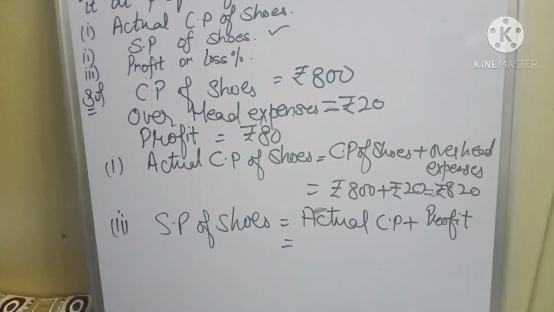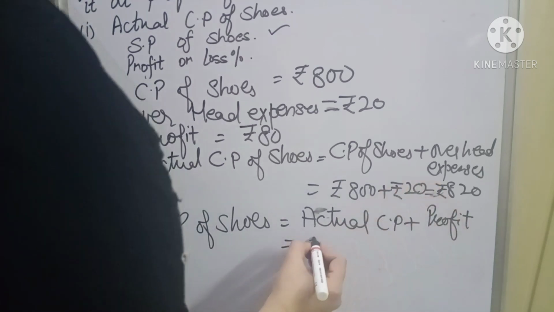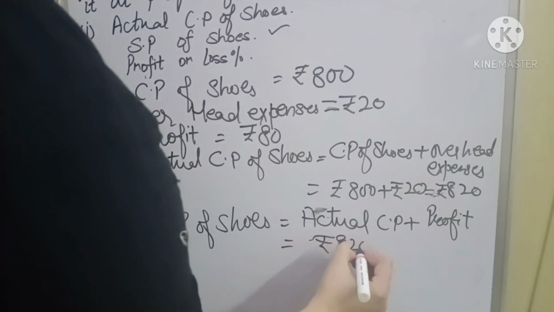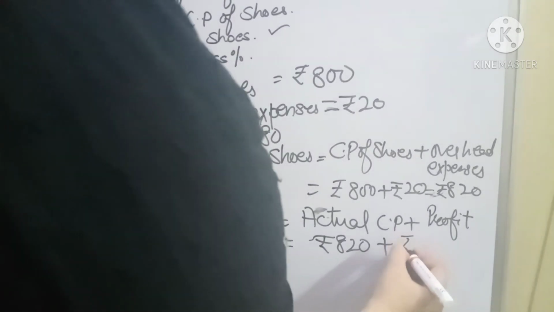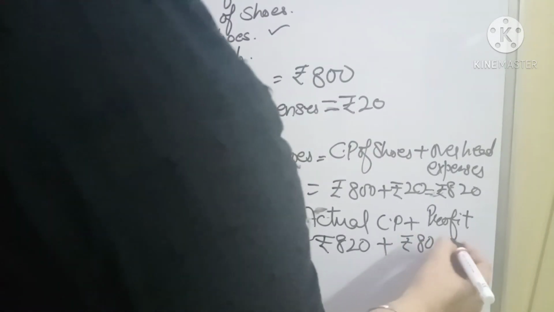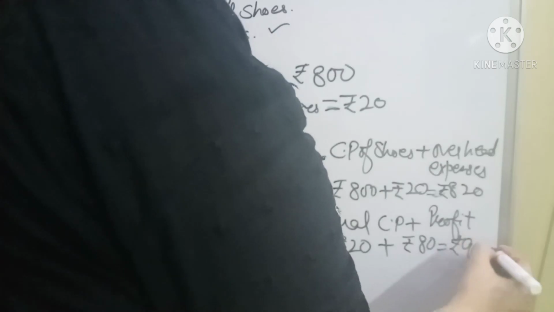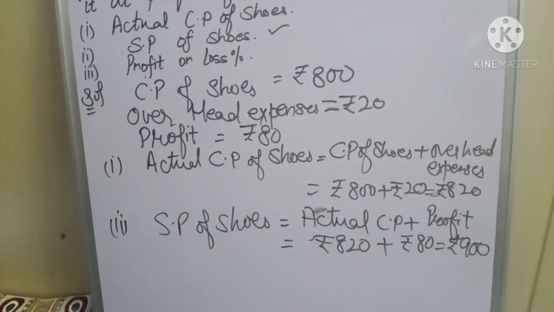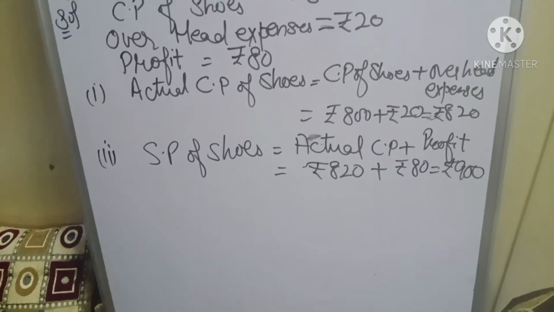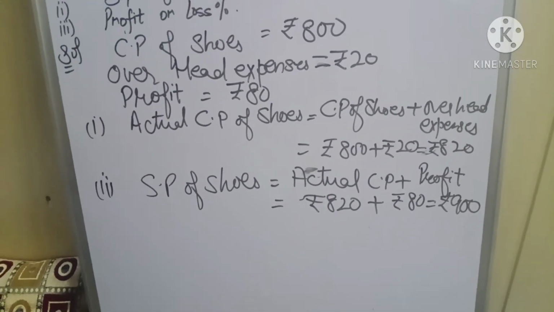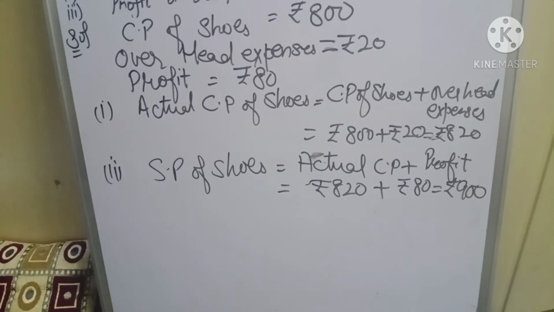What is the actual CP? 820. And how much is the profit? Rupees 80. So what will be the SP? 900.